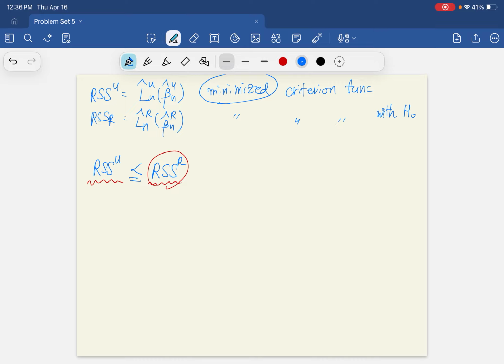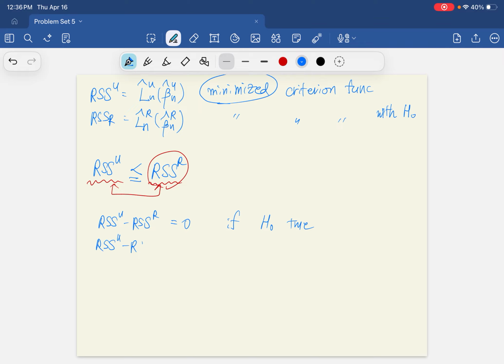So this is the thing. If the difference is large, that implies something is wrong. If the restriction was true, then technically the unrestricted model and the restricted model should be similar to each other. So the difference should be small enough, right? So what I wanted to say here is the difference will be close to 0 if H0 is true, right?